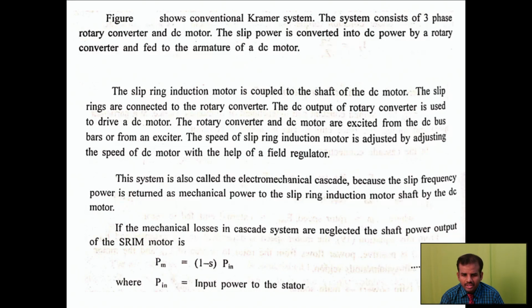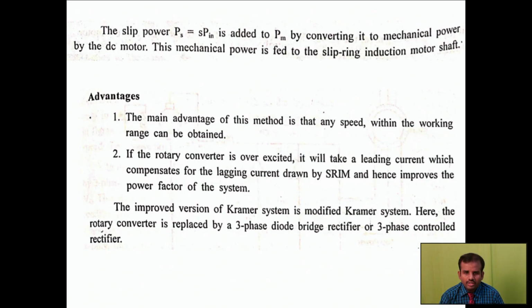Here Pin is the input power to the stator, S is the slip, and the slip power Ps equal to S into Pin is added to Pm by converting it to mechanical power by the DC motor. So this mechanical power is fed to the slip ring induction motor shaft.